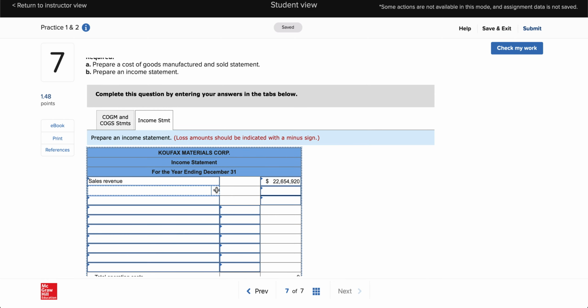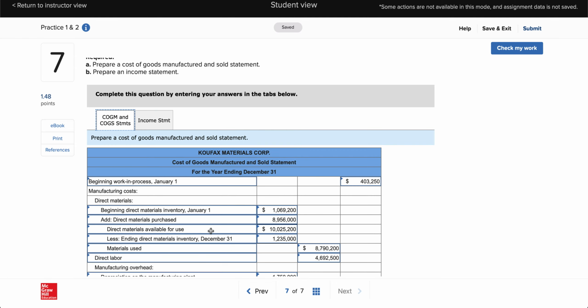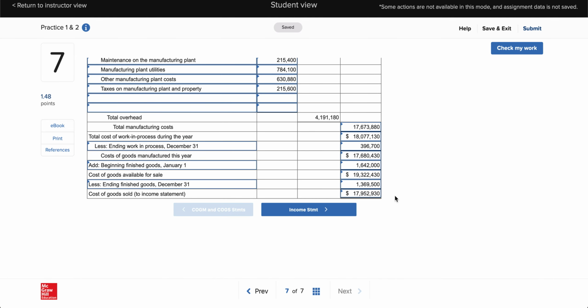Okay, the next thing we have is our cost of goods sold. Cost of goods sold is going to come from this bottom line, 17,952,930.